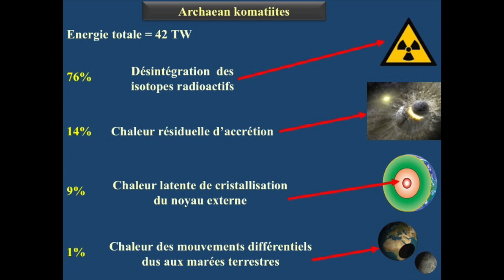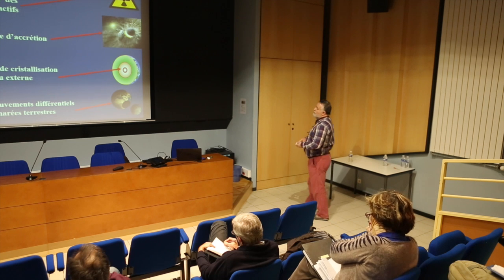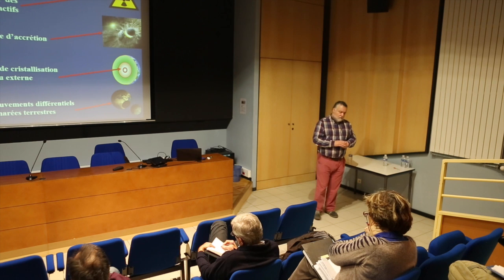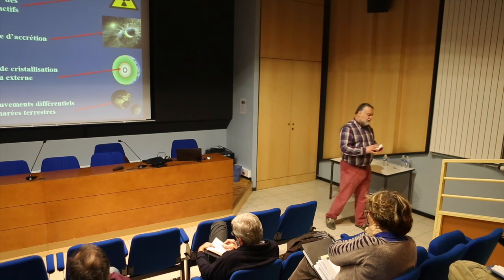This is some residual heat of accretion, the transformation of kinetic energy into thermal energy, for a little bit more than 10%. This is the latent heat of crystallization of the liquid core. And the last one is heat due to the crustal tides.